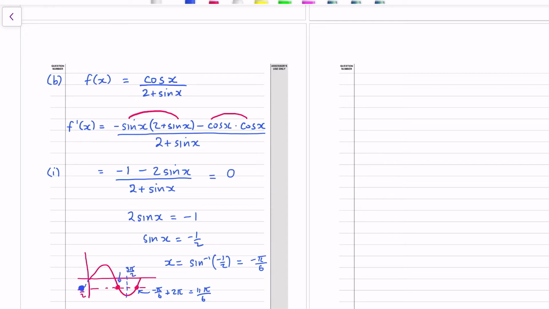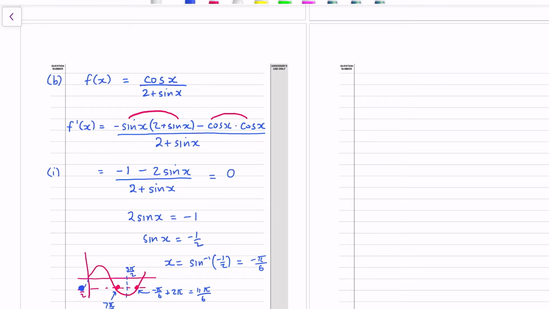The difference between 3 pi over 2 and 11 pi over 6, 3 pi over 2 is 9 pi over 6. So this, by symmetry, the solution that's, oopsies, lost my sine graph. The solution that we want there, that's going to be 7 pi over 6.